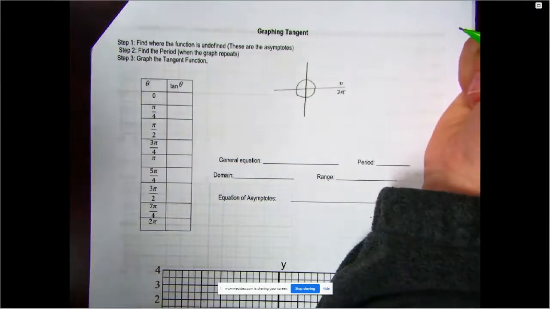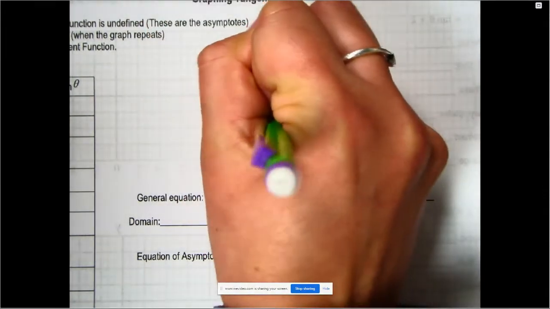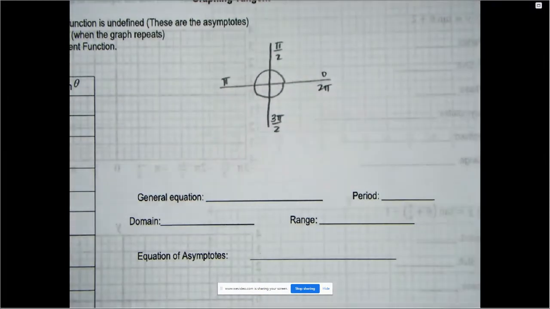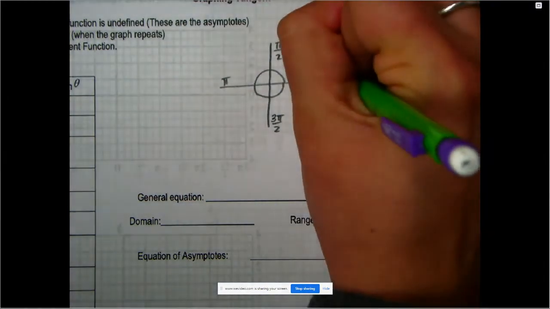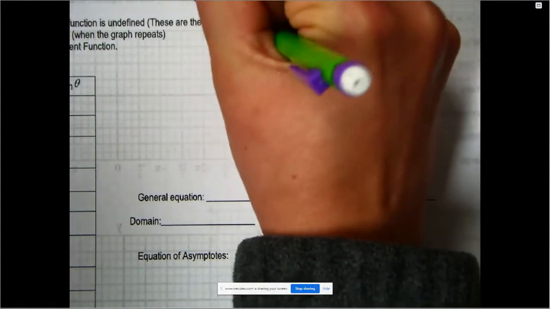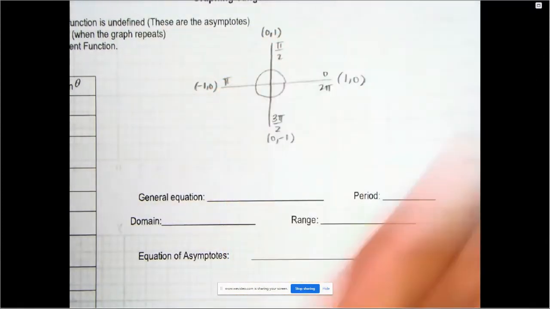Up here at the top is pi over 2. We've got pi and 3 pi over 2. And at those radians, we have 1, 0, 0, 1, negative 1, 0, 0, negative 1.